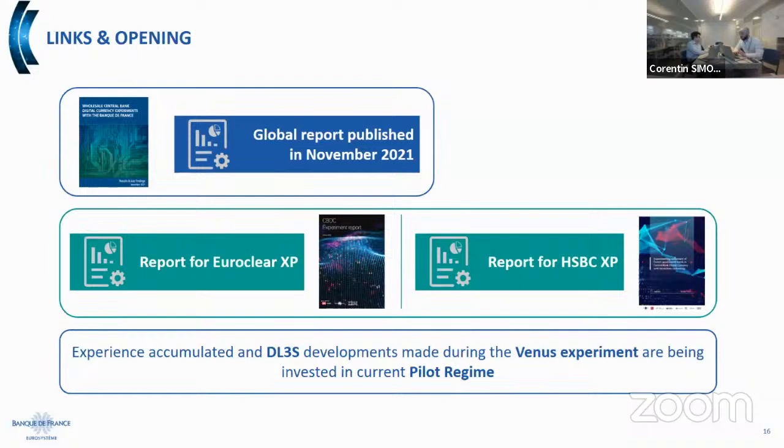There is also the first phase of experimentation from Banque de France, the report for the Euroclear experiment that was conducted with Euroclear, a consortium of banks, to assess the potential of post-trade capital market settlement operations in CBDC for French sovereign debt securities. For this experimentation, both the currency and the securities were on the same platform, that was DL3S.